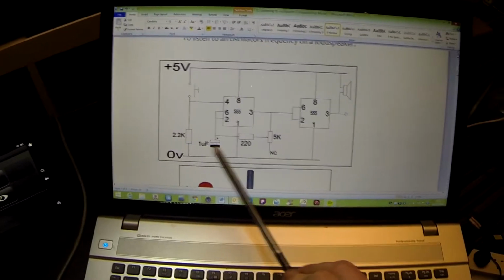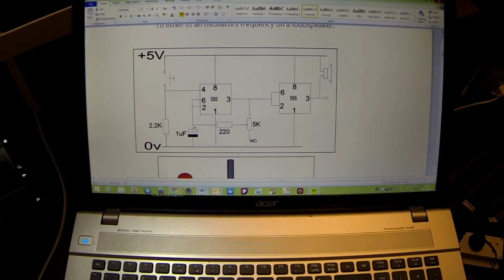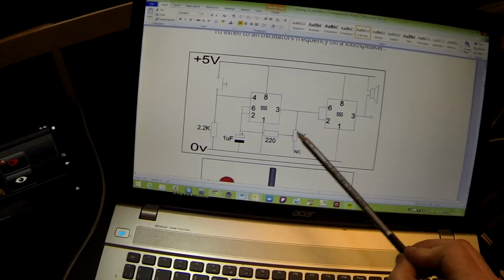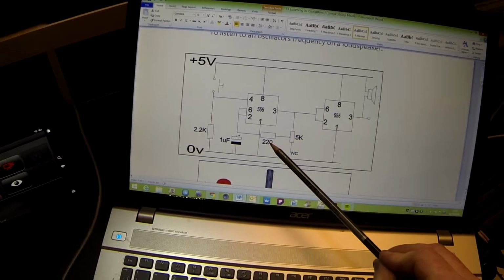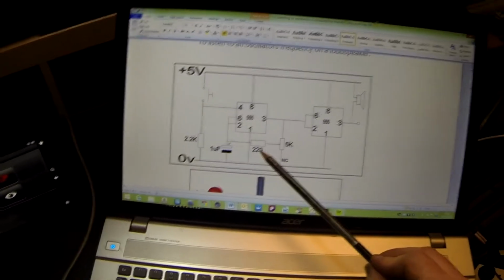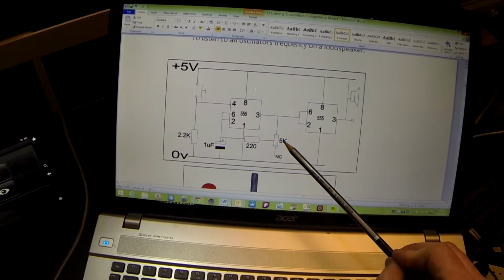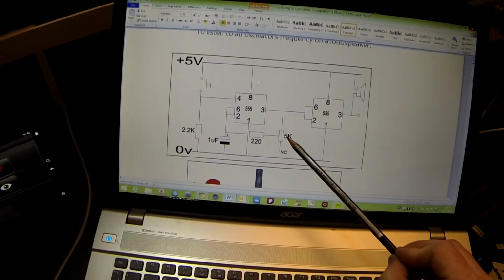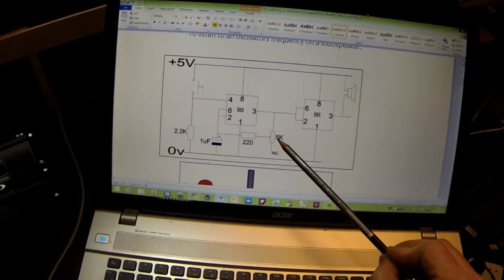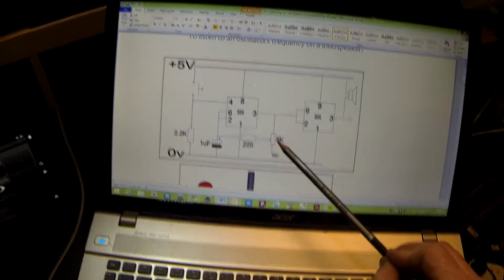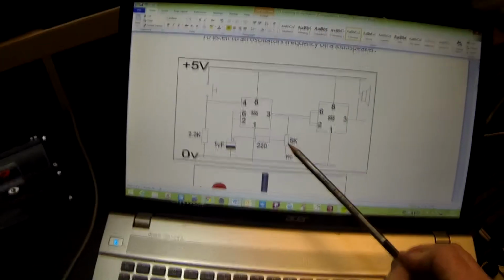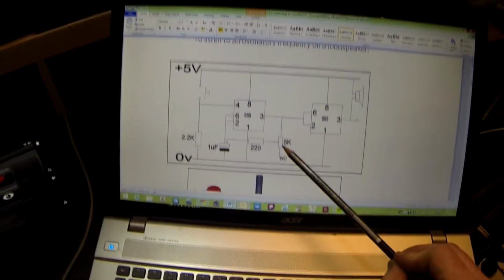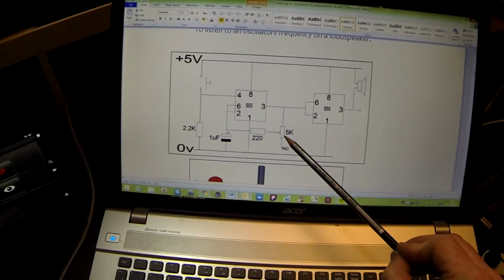We can't replace the capacitor. This resistor here, the 220, was only needed to stop the problems associated with turning the variable resistor down to 0. So in fact now we know that a light dependent resistor doesn't go right down to 0 because it would require very, very intense bright light to do that.